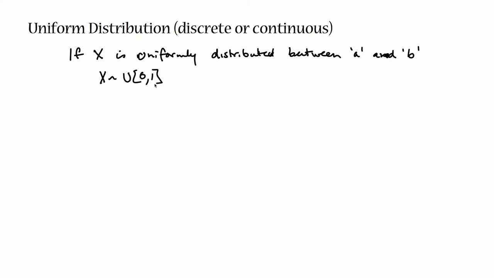That's what that looks like. That means that all values in this range are equally probable. So for anything in this range, the probability of x equaling that thing is a constant.